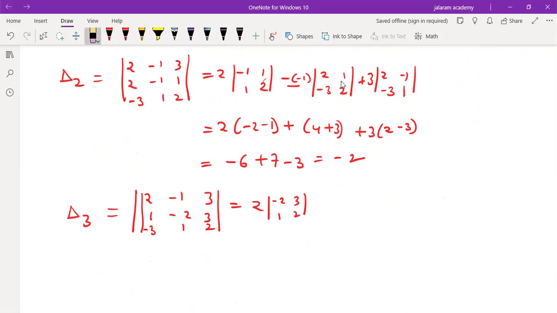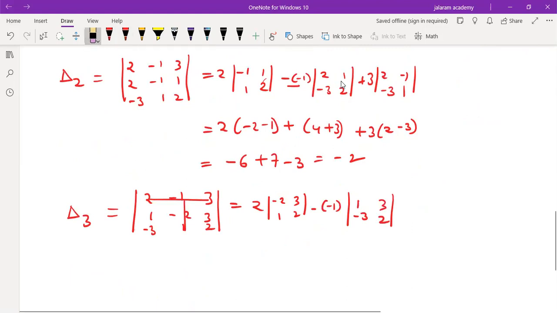You can draw them with pencil and rub again and again if you have some confusion. Minus 1 into the determinant obtained by deleting first row second column, so 1 minus 3 3 2, then plus 3 into the determinant obtained by deleting first row third column, that is 1 minus 2 minus 3 1.